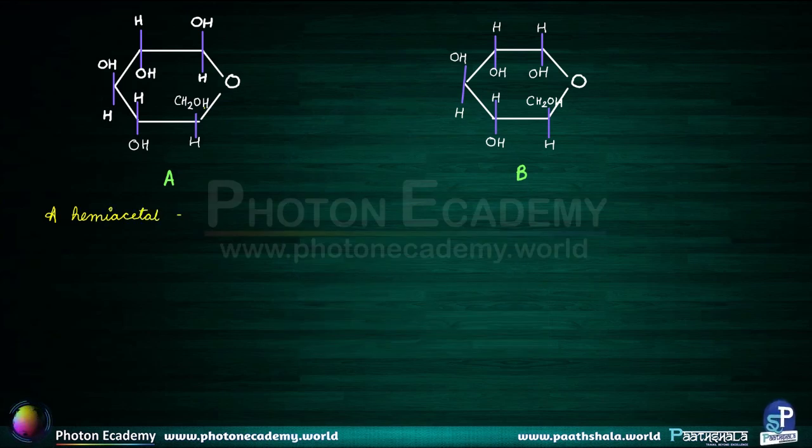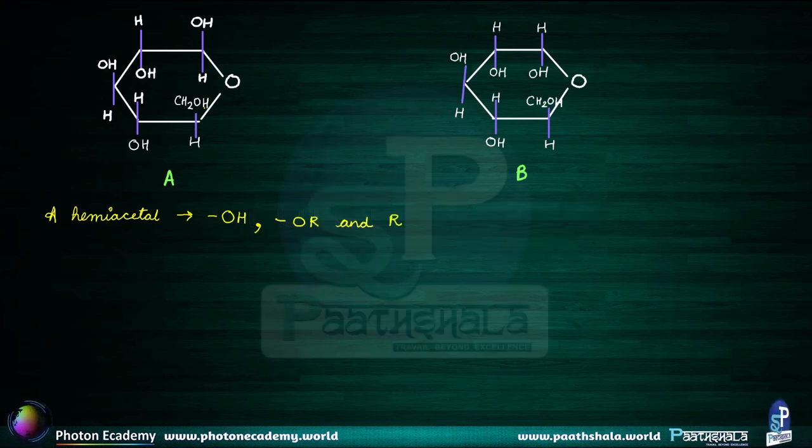It had an OH group, also an OR group and an R group. So I had to have an alcohol, an ether group, an R group, and of course an H group. So I had these four groups, and whenever I see them appear on one carbon, I call it hemiacetal.